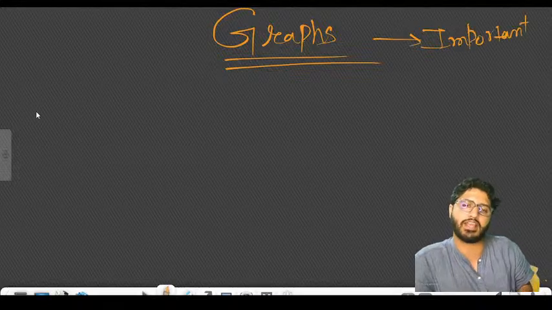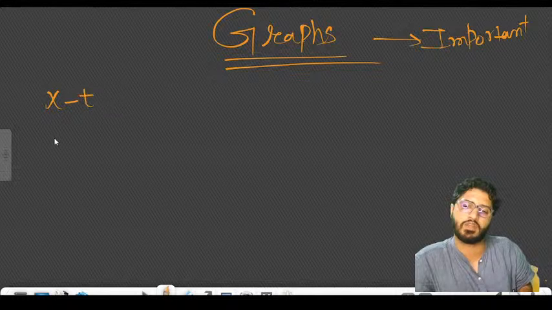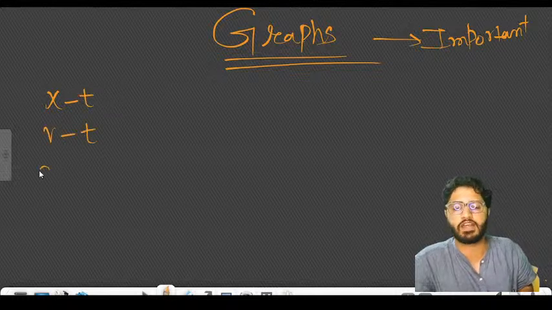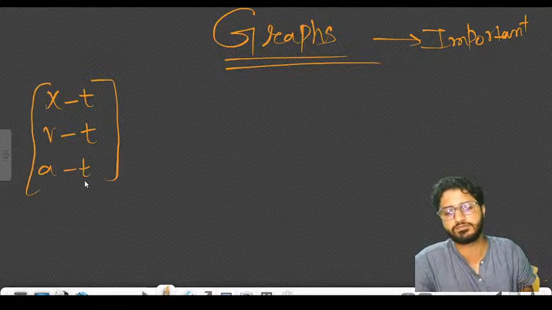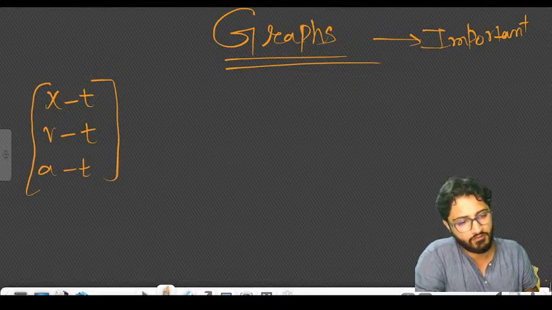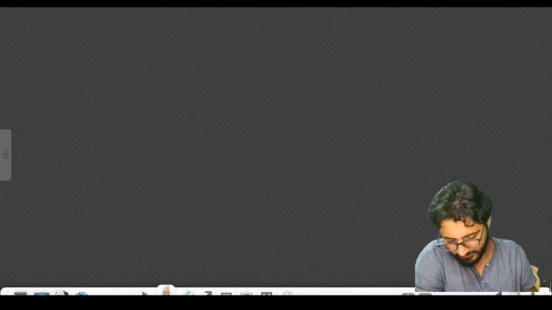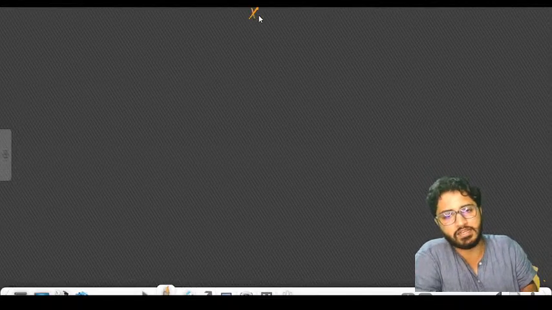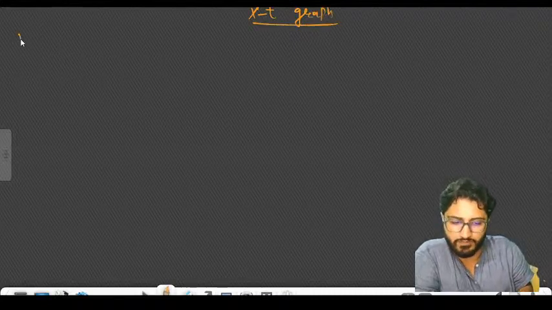So we are having xt graph, we are having vt graph, we are having at graph. These three graphs we are having in our syllabus. First, we will start with xt graph. Okay, xt graph. First one.